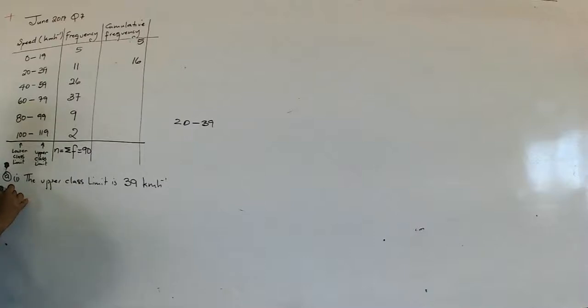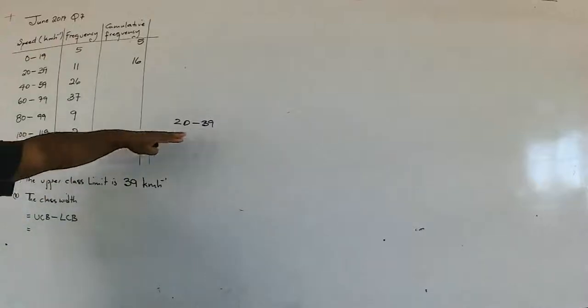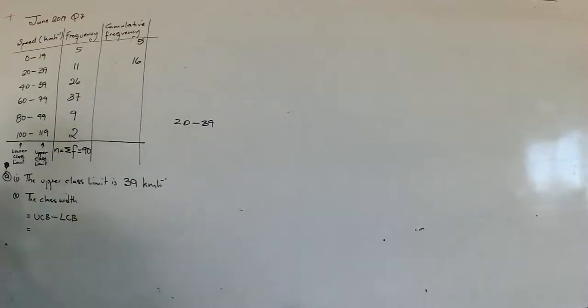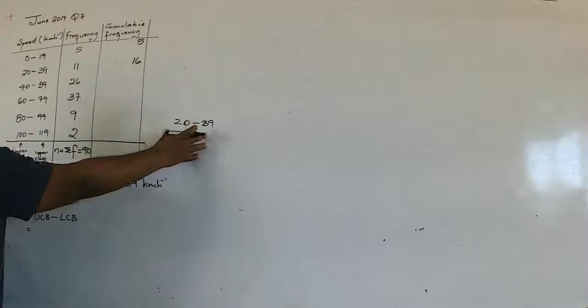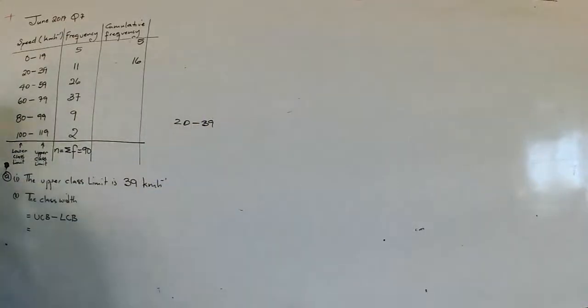What does II say? The class width. Class width is equal to the upper class boundary minus the lower class boundary. For this class, what is the upper class boundary? It's 39.5.